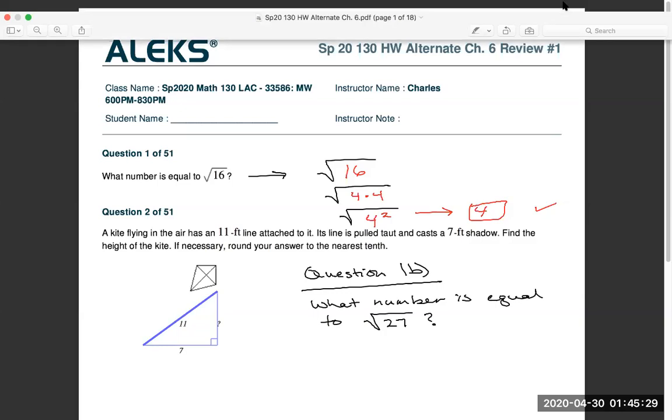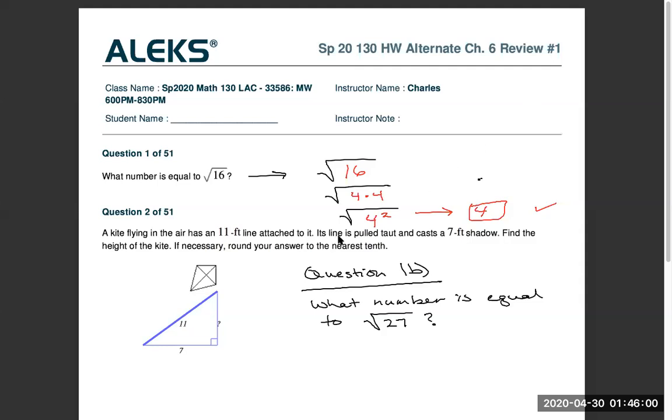Let me go ahead and take a pause here from recording and I'll come right back. Hi all, sorry, there's one change I want to make here. I actually want to have the cube root of 27.